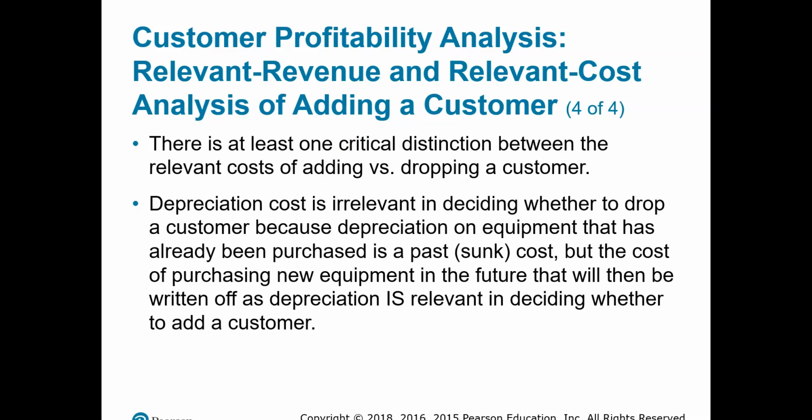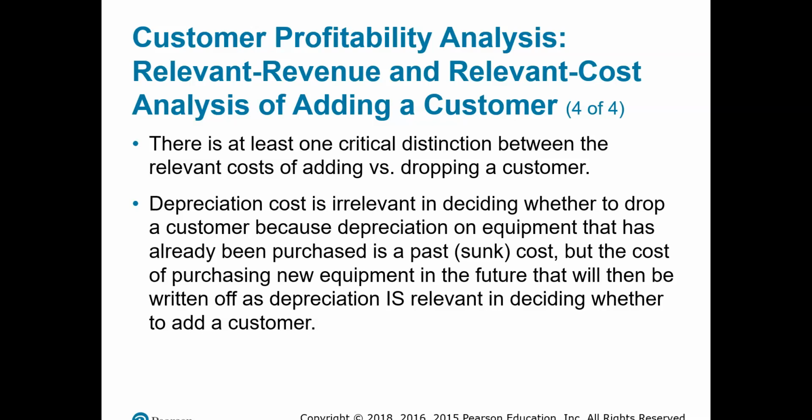Now, in the customer profitability analysis, we have to make at least one distinction between relevant costs of adding versus dropping a customer. Depreciation cost is going to be irrelevant. Why? Because that equipment has already been purchased, but the purchase of new equipment in the future is going to be relevant. So previous equipment purchases we made, and the depreciation associated with them, are irrelevant.